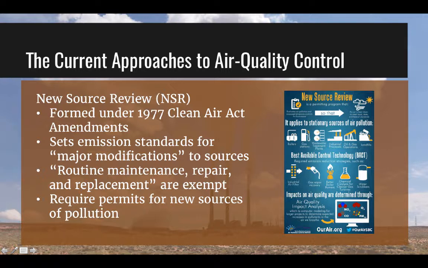Under this new rule, major utility plant changes that cost millions of dollars and increase pollution by thousands of tons can be defined as routine maintenance, and thus be exempt from the Clean Air Act protections.